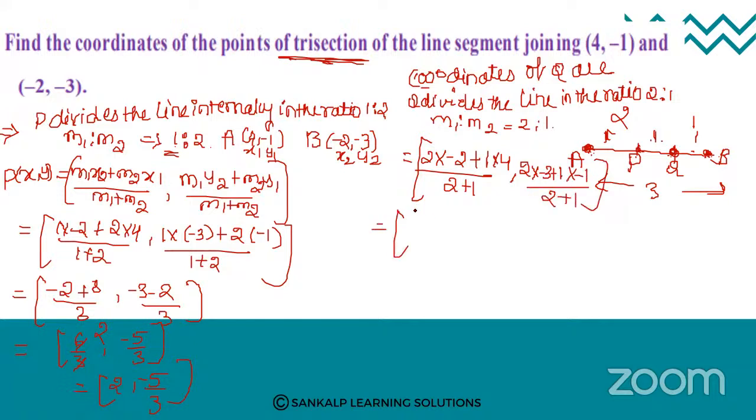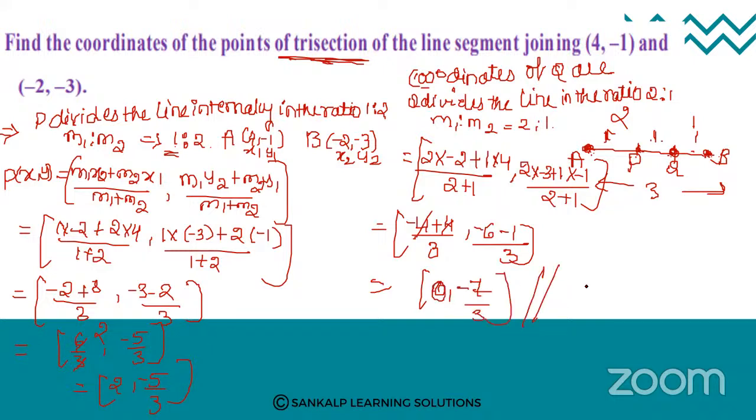Now 2 into -2 is -4 plus 1 into 4, divided by 3. 2 into -3 is -6, -1, divided by 3. So -4 plus 4 is 0, 0 divided by 3 is 0. You will get -6 minus 1 is -7 divided by 3. So these are the coordinates of point Q. Okay, so understood?